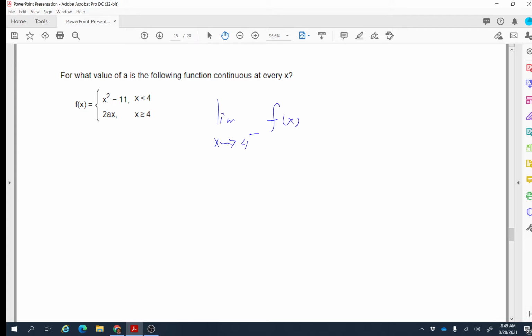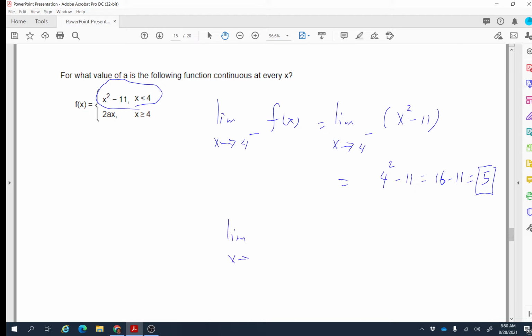For that we need to use this part, x squared minus 11. Remember, the minus sign is just notation for approaching from the left side, but the value of x you have to plug in here is 4. That is 4 squared minus 11, which is 16 minus 11, which is 5. So that's the left hand limit.